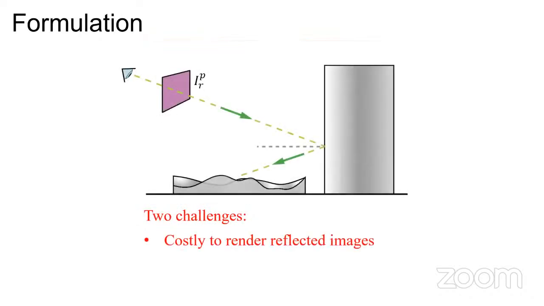However, there are two challenges. First, rendering the reflected image IRP needs a differentiable ray tracer, which is computationally expensive and prohibitive. This makes our algorithm unbearably slow to run.